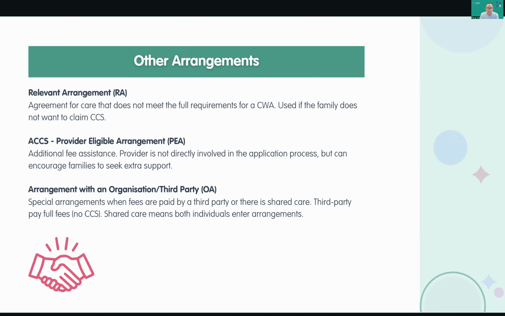The second one is a PEA, which is a provider eligible arrangement, and typically it's used for ACCS purposes, whereby you can take a child into care, but for the service to receive any kind of CCS, you'd have to apply for an ACCS certificate. And the last one is an arrangement with a third party called an OA. So CWA, RA, PEA, or an OA is what we're looking at.